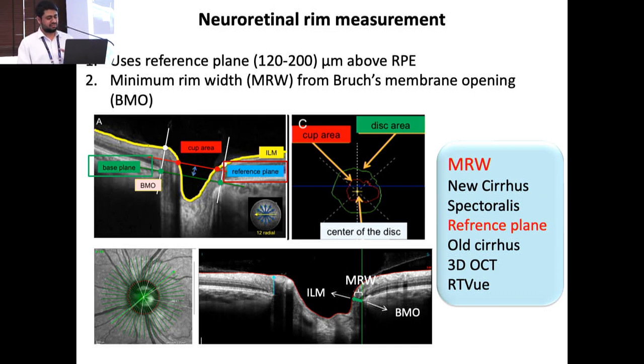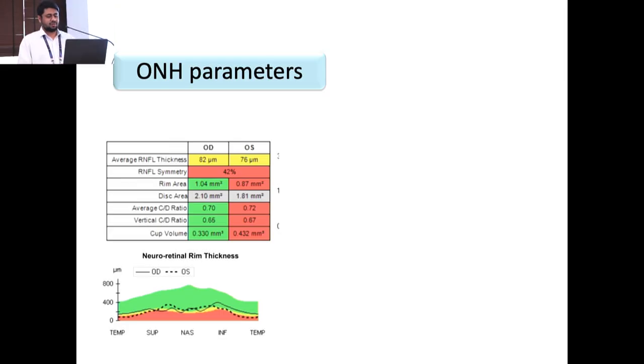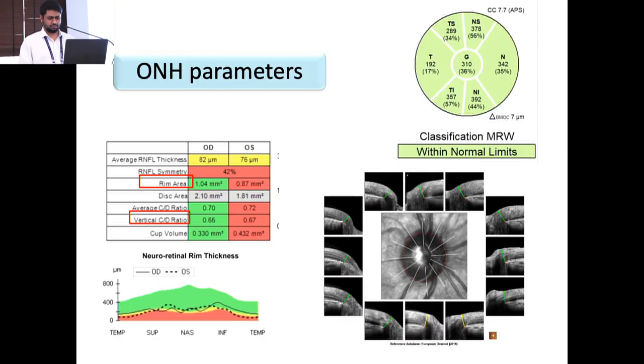So both are different parameters and we cannot compare them; the values will be different. And among the optic nerve head parameters, there are a lot, but the most important ones are the rim area and the vertical cup disc ratio. And we have the TSNIT graph for the neuroretinal rim also. In the Spectralis OCT, we will get a clear picture of the minimal rim width. It's a high resolution picture, and we can get many anatomical data of the disc margin.